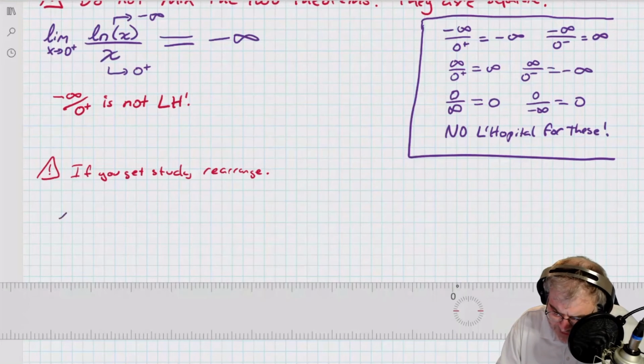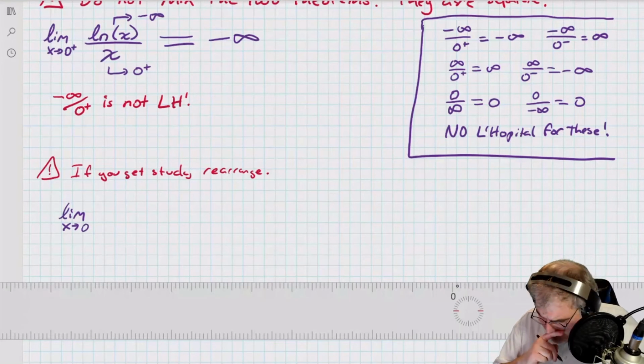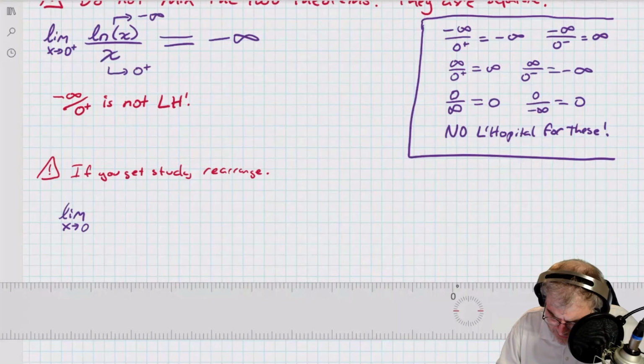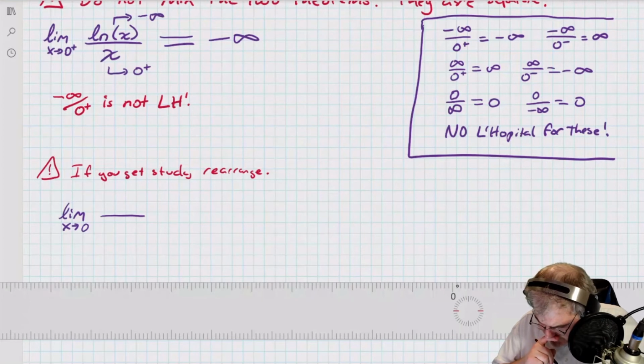So let's do the limit as x goes to infinity of, let's see, something that will go to 0 on the bottom.